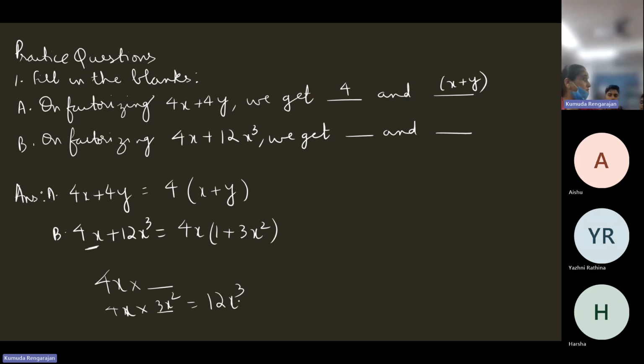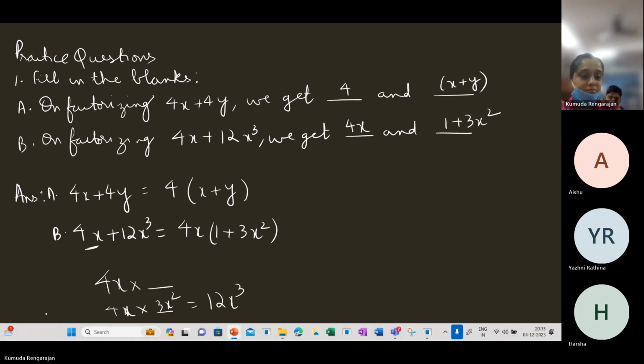Okay, so on factorizing 4x plus 12x cubed, we get 4x into 1 plus 3x square. Okay?